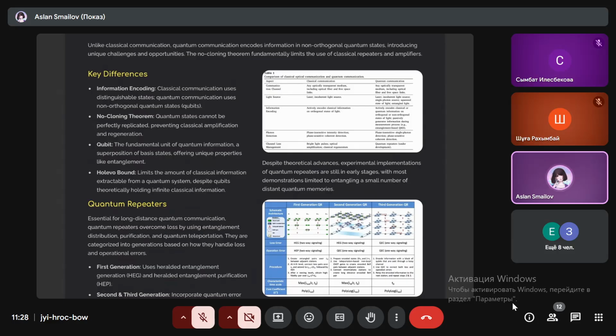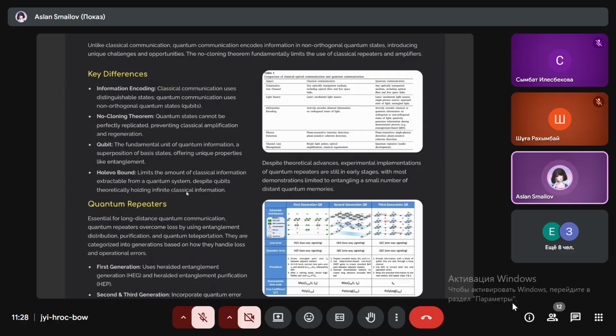The main advantage is that we don't have the noises, like in Russian, it would be the "belly shum". I think you get it. Okay, for this table, that's all. As you see, we have a bigger advantage of using quantum communication systems than classical communication.